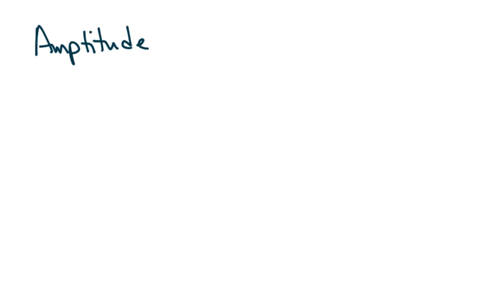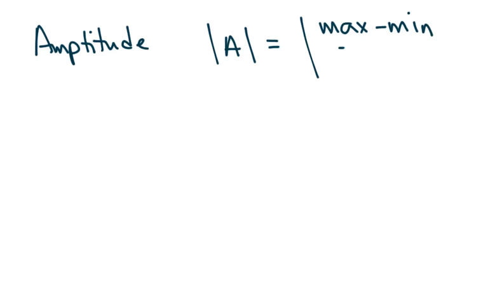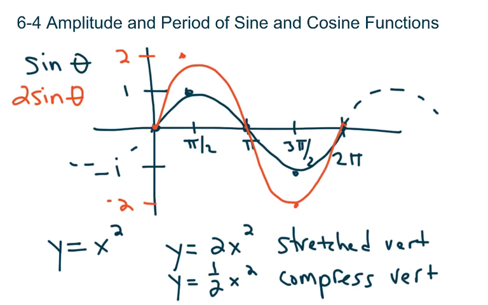The formula that the book uses is a little bit different from the one that I'm about to give you. The amplitude, which I want you to notice is in an absolute value bar because it's a distance and we're never going to say it's negative, is the maximum minus the minimum divided by 2. So if you look back at the original sine function, the one in black, the maximum is 1.